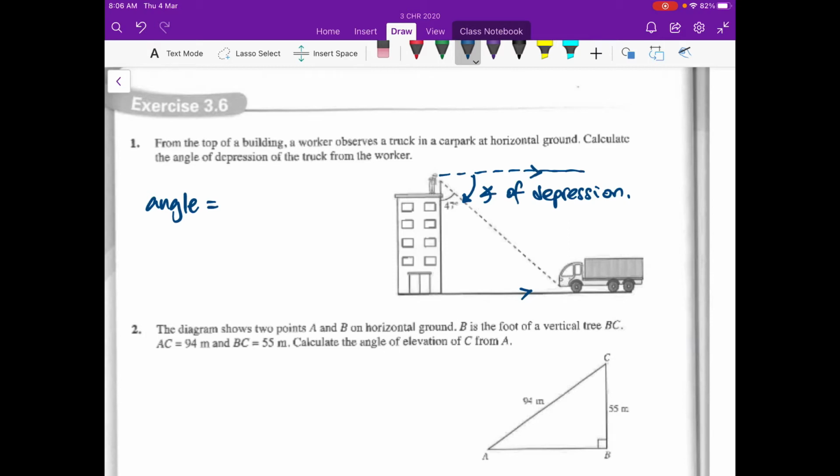It's not. 90 minus 47. Because there is a right angle over here. This portion is a right angle. Okay? So the angle of depression is simply 90 minus 47 degrees. And we get 43 degrees. That's all. That is the angle of depression.